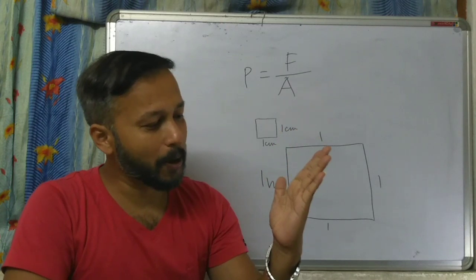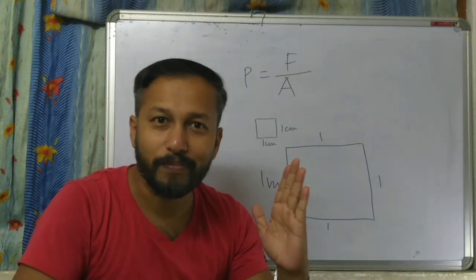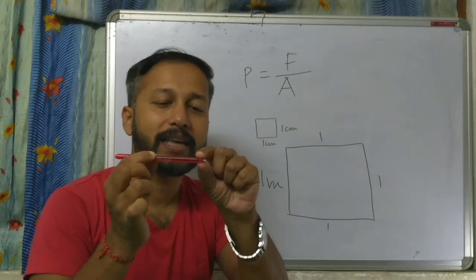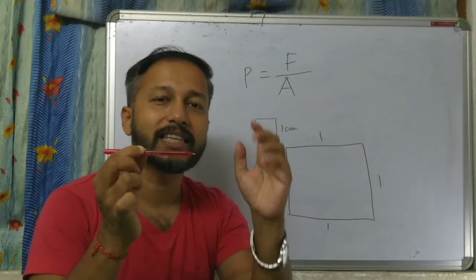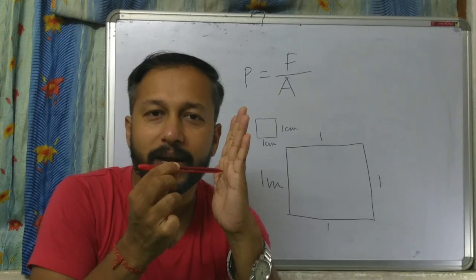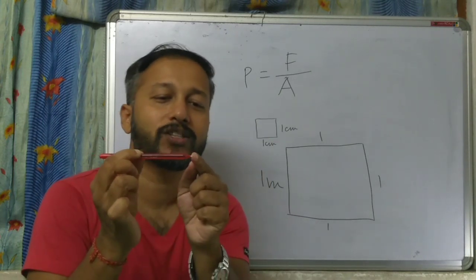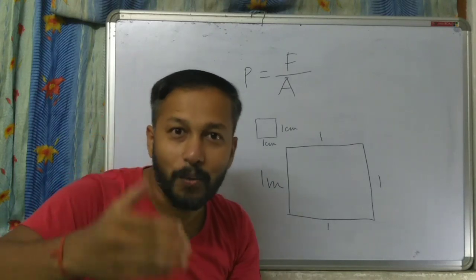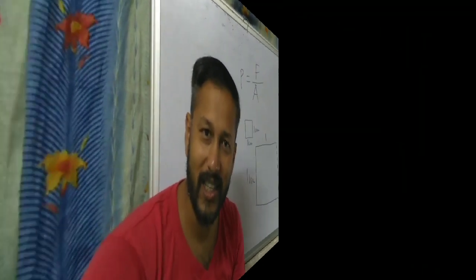Which is more painful? Yes. When I am applying pressure by this portion, then this is more painful for me. Why? Because of this area. Less area means more pressure. Got it?